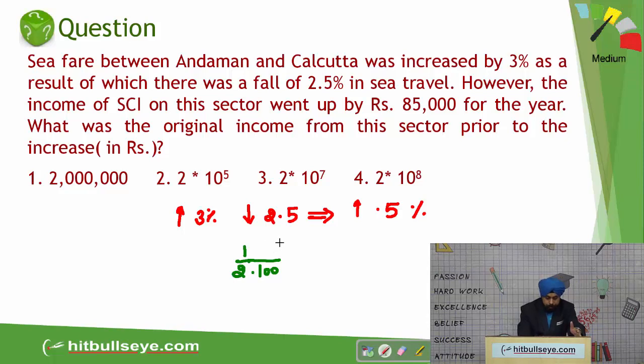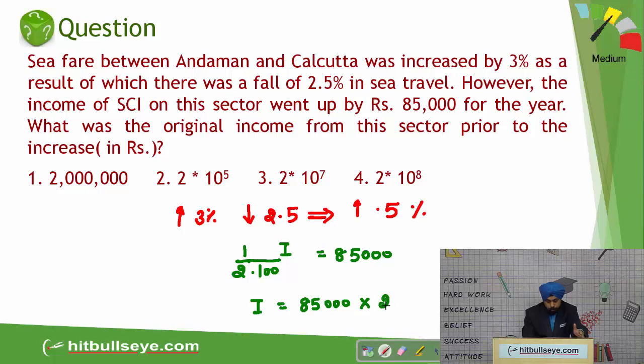of the income is equal to 85,000. So you can say income will be equal to 85,000 into 2 into 100. Now students, as per the question, we know it has to be 2 into something.